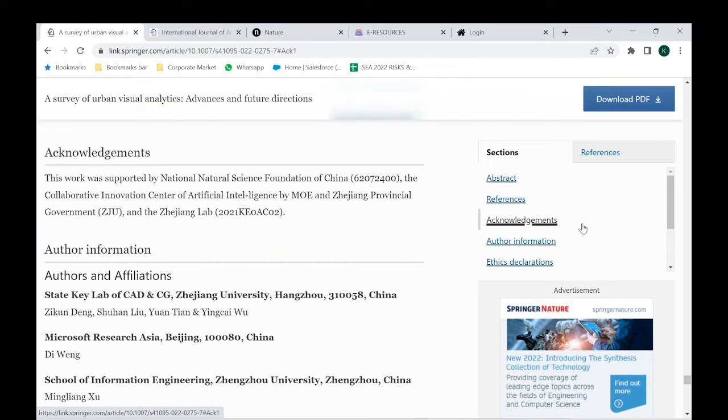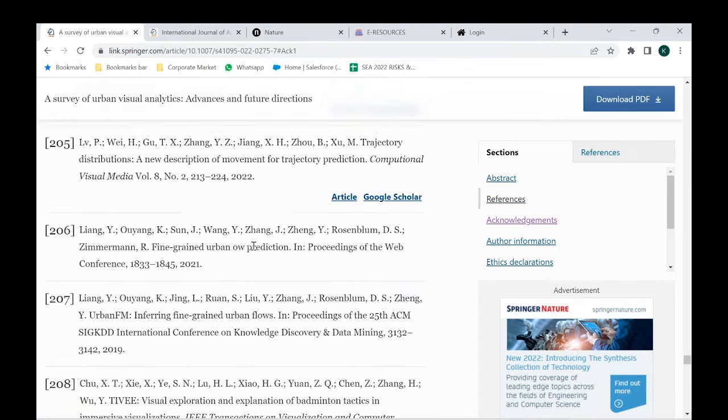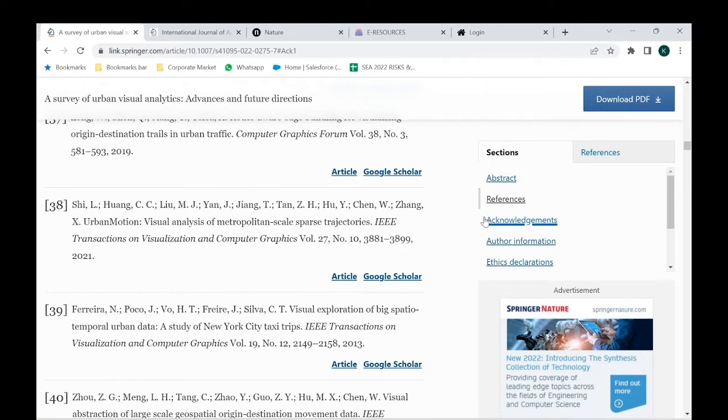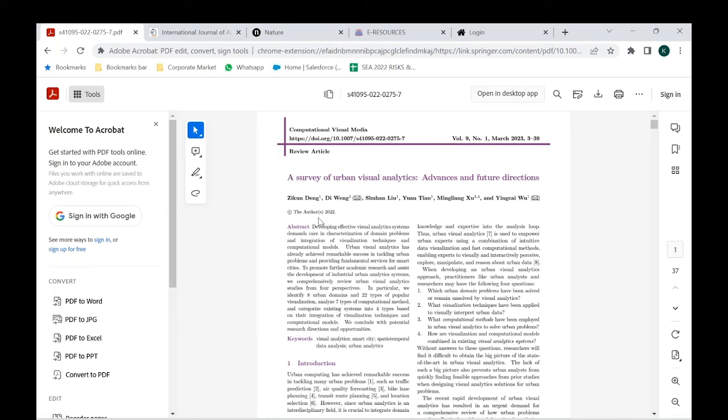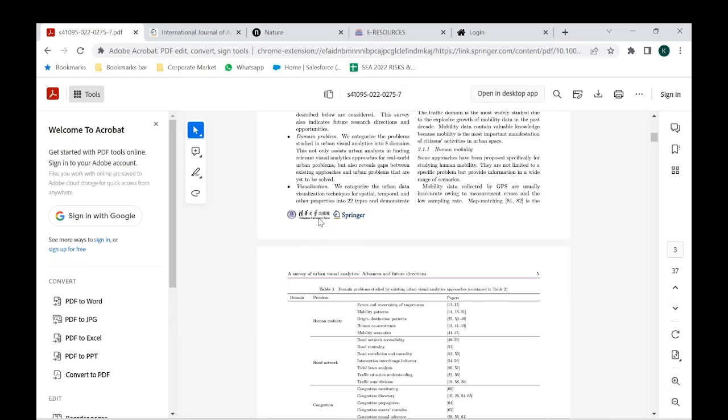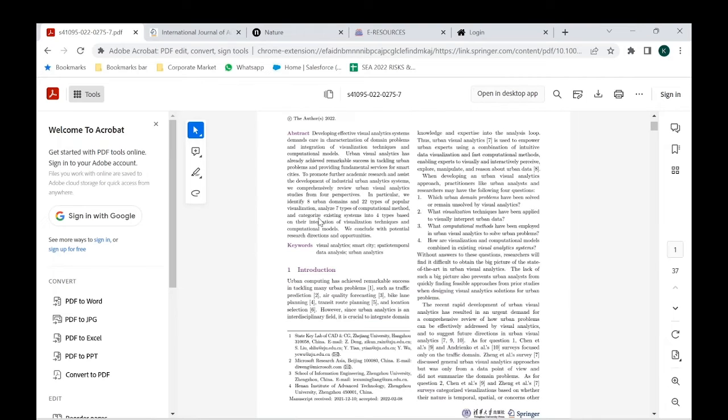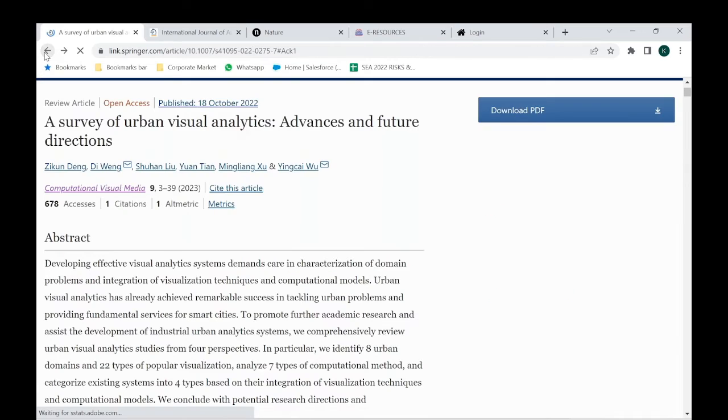You don't need to log in to your library portal or whatsoever. You will immediately be able to download or even view a copy of it live online. Right? That's the difference between open access and subscription, or behind a paywall, as some of you may come to know it.